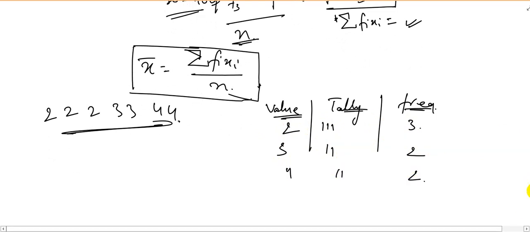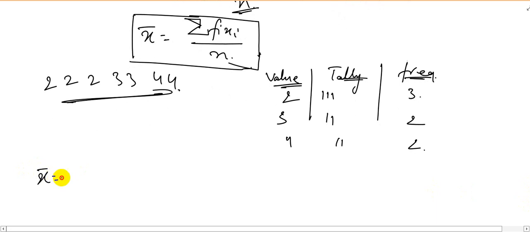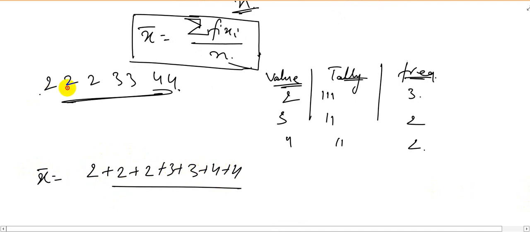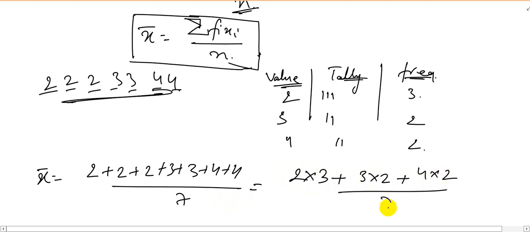So let us find the mean of these values. It would be 2 plus 2 plus 2 plus 3 plus 3 plus 4 plus 4, upon how many values? 1 2 3 4 5 6 7 values are there. So we can write this as 2 into 3 plus 3 into 2 plus 4 into 2 upon 7.